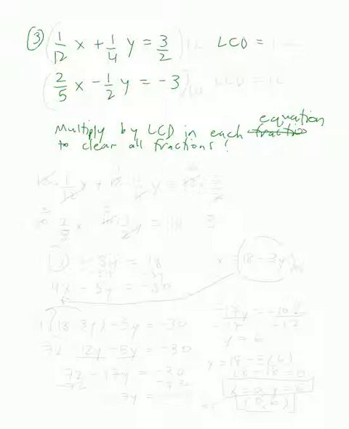So in the first equation, I have LCD of 12. In the second equation, I have LCD of 10. So let's go ahead and multiply equation 1 by 12. So I'm going to do this equation by 12 and this equation by 10.